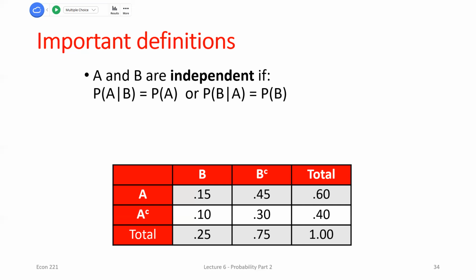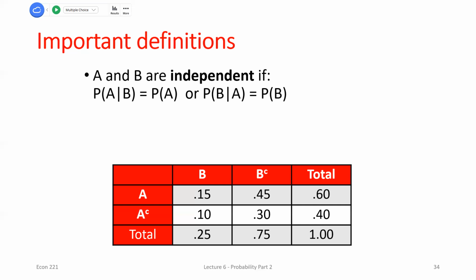Those top 4 left cells represent our intersections. What's the probability of just event B occurring? Go all the way down to the total, 0.25. You can double check me on this, but if you divide 0.15 by 0.25, sure enough, you get 0.6. That equality holds. So we say these 2 events are independent, right?